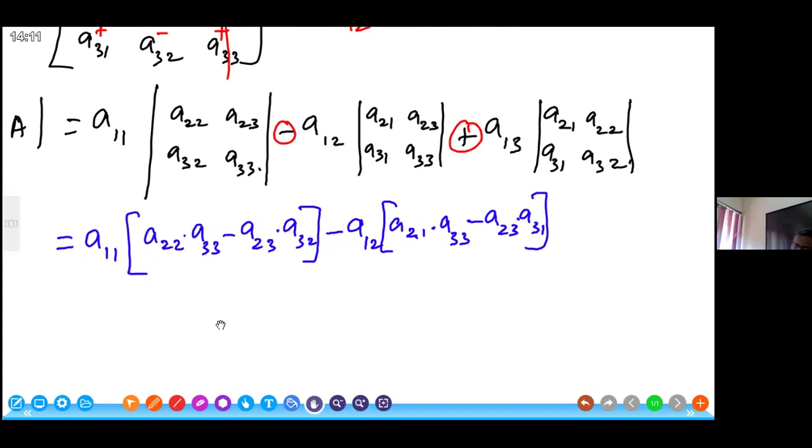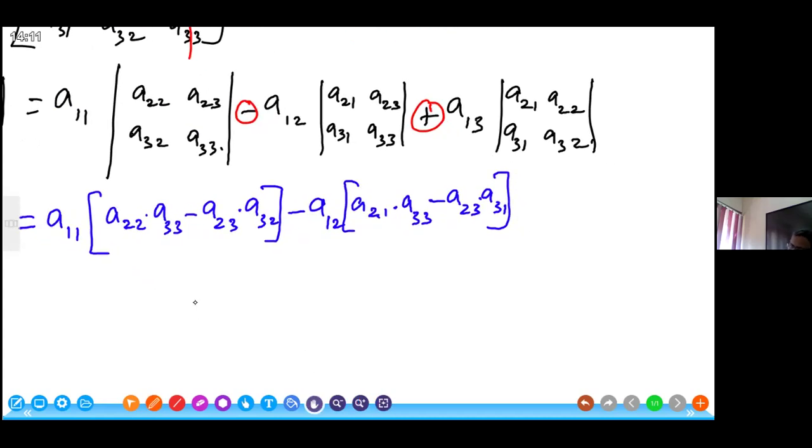The last component, plus A13 into A21 into A32 minus A22 into A31. All right? Clear to everyone?